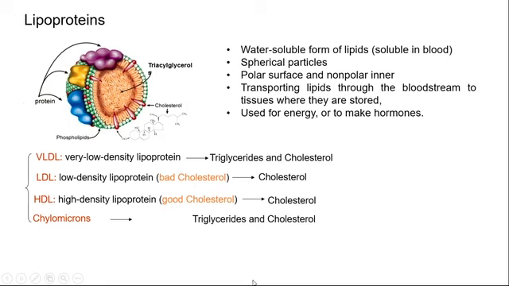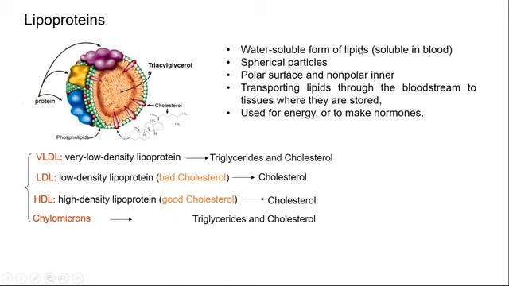And then you have the lipoproteins. You have 3 different types of lipoproteins. You have the very low density lipoprotein, which is made up of triglycerides and cholesterol. You have the low density lipoprotein, which is known as the bad cholesterol. And then you have the high density lipoprotein, known as the good cholesterol.